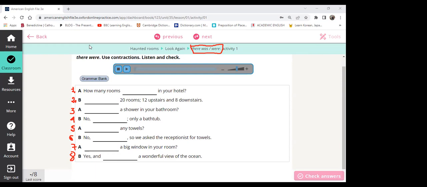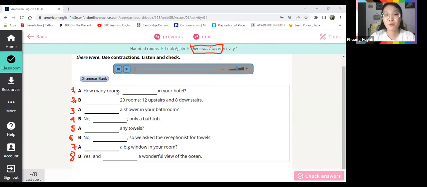Okay, so now let's just fix together. So number 1, what do you think? How many rooms? Everybody, so for number 1, what should you say?